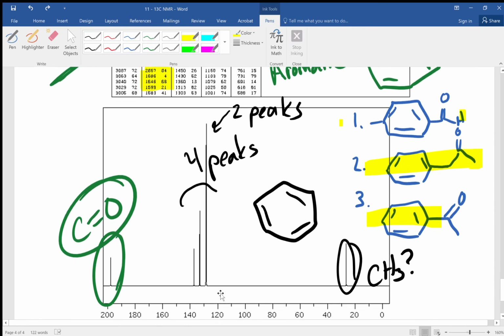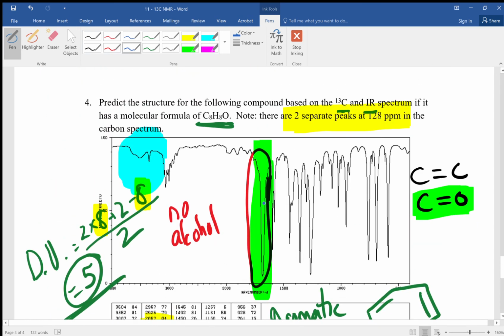And it has either the ketone or an aldehyde, as well as a hydrocarbon piece. But 2 of these are aldehydes, and you may recall from when we learned IR that if we have an aldehyde, not only do we get a carbonyl peak in the IR spectrum, but we get 2 peaks between 2700 and 2900.